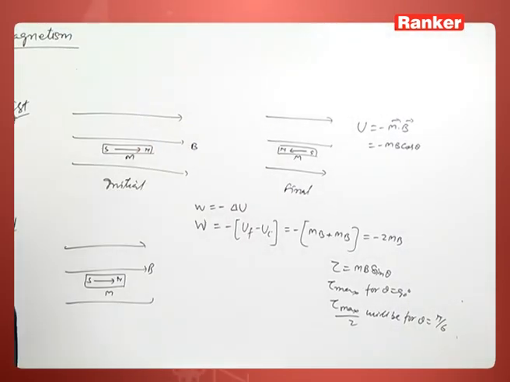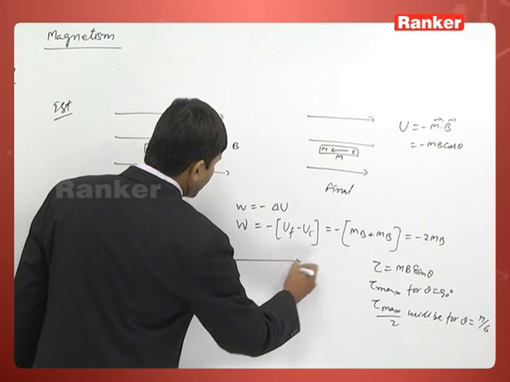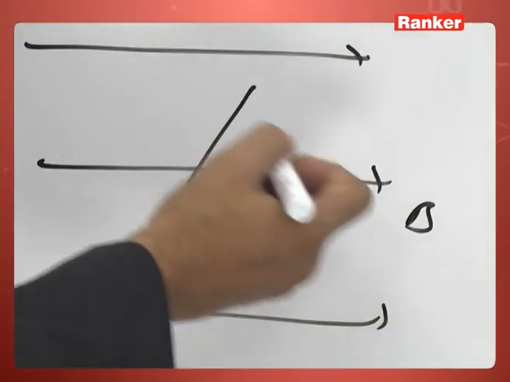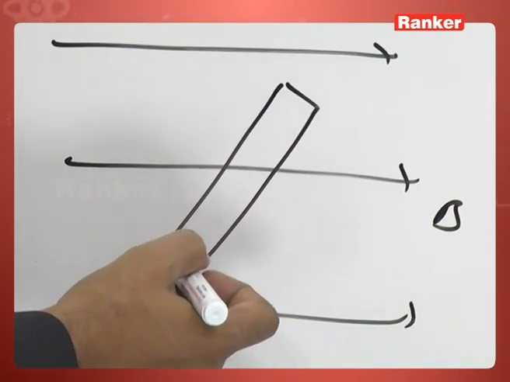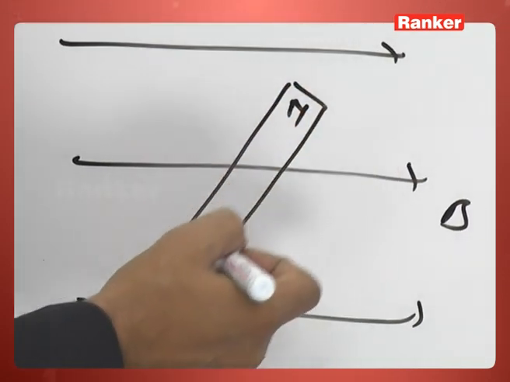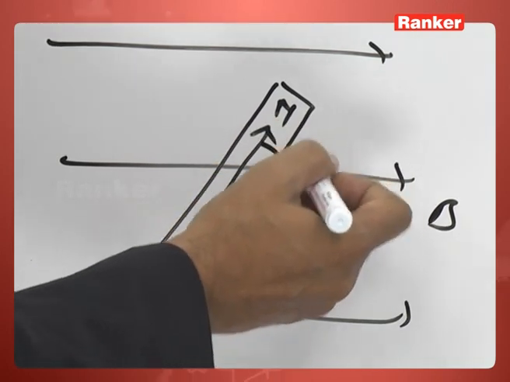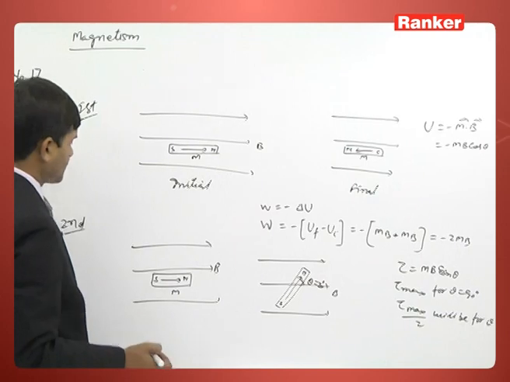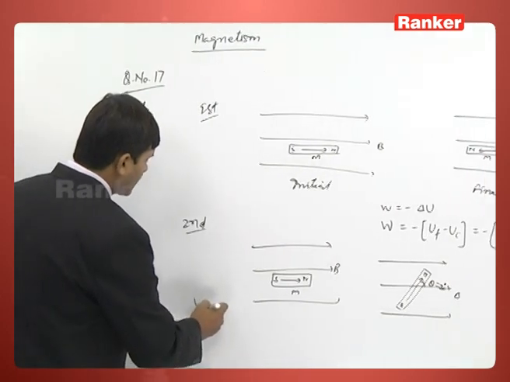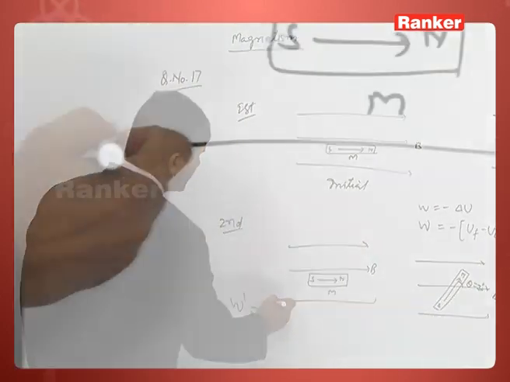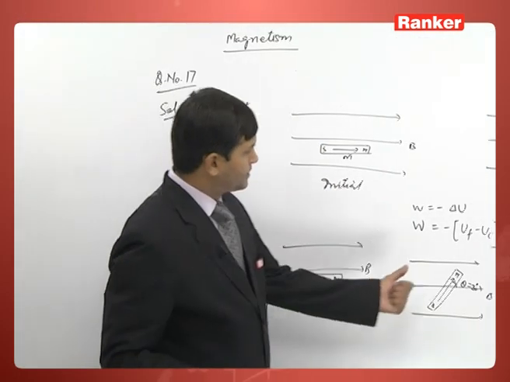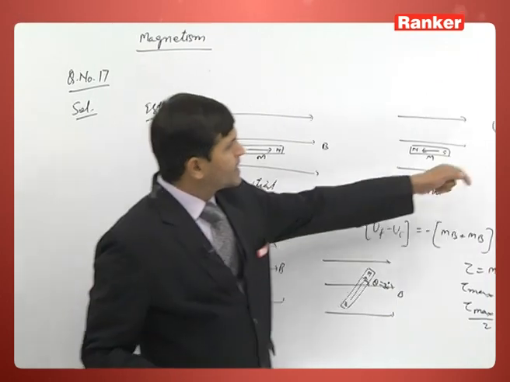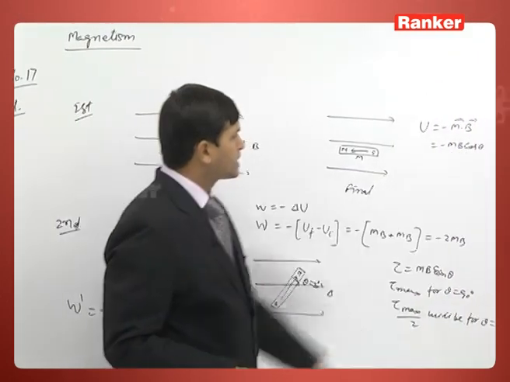It means now the angle between the magnetic field and magnetic moment is 30 degrees. So the work done W dash is equal to minus U final, and the relation is minus MB cos theta.